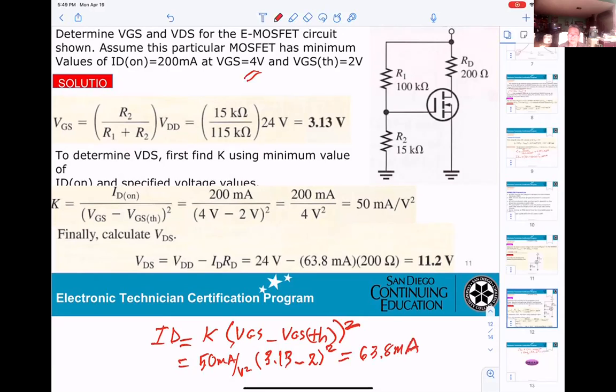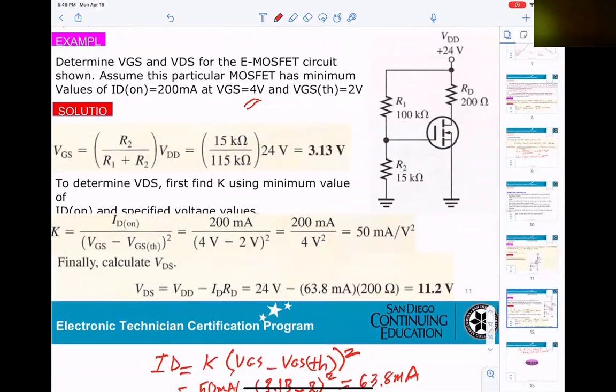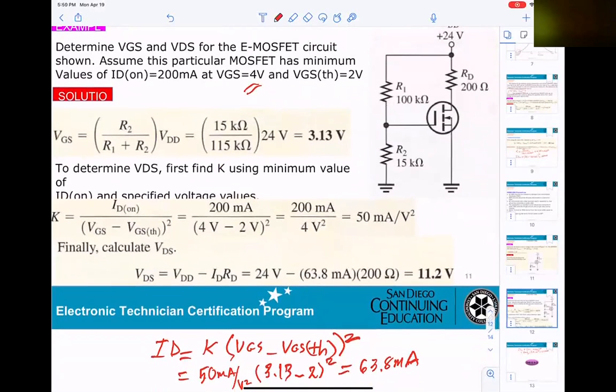Before, we were calling that point where R1 and R2 come together VB, like a base voltage. Why are we calling it VGS? It's confusing because you came up with VGS equal 3.13, and then the other one where you have those 2 red lines at VGS is 4.